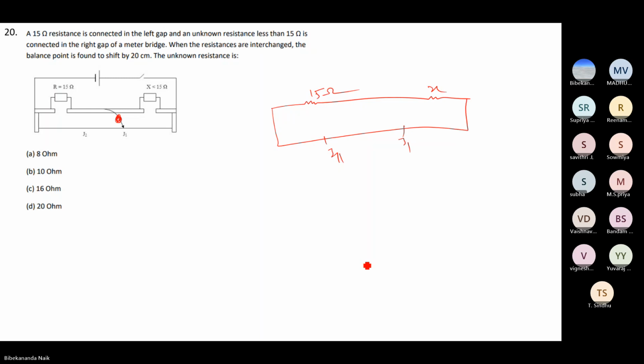So let's solve it. If you call this R and this X, then the relation is R by X equals L divided by 100 minus L. When you reverse it, it will be X by R equal to 100 minus L by L. But if you see here, it is given that X is less than 15.